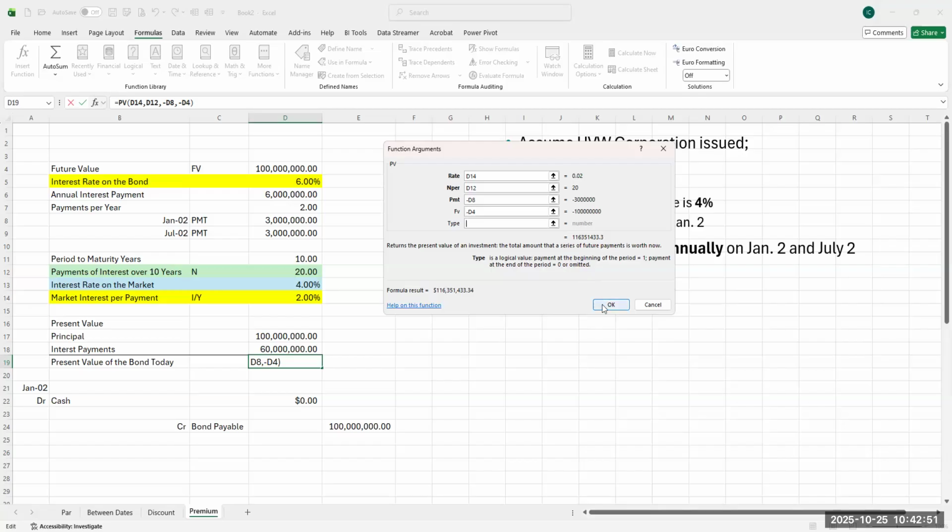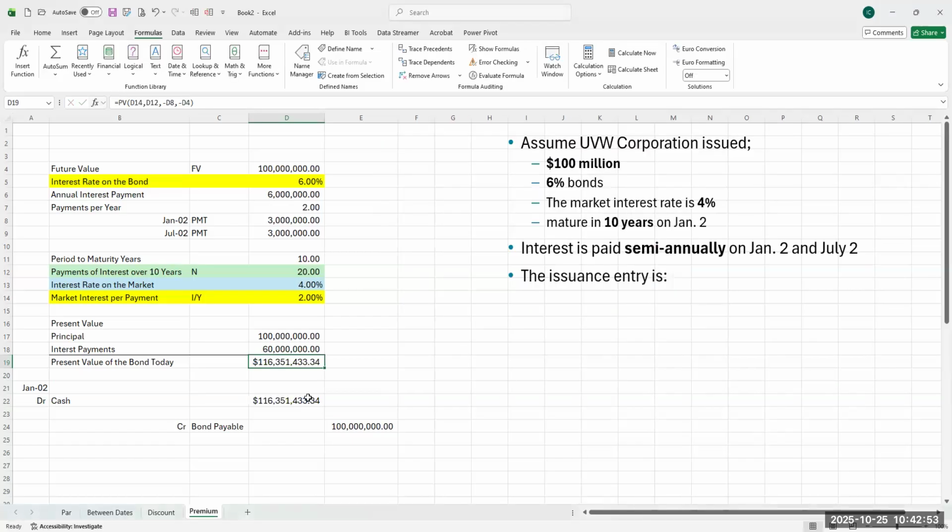And once we click OK, we see that in order to pay $100 million after 10 years with interest every year of 6 million, people have to give us today $116,351,433.